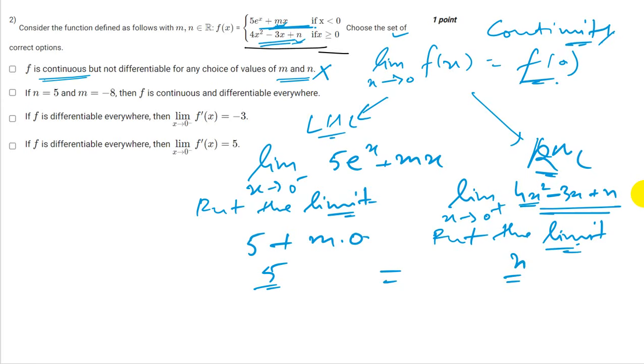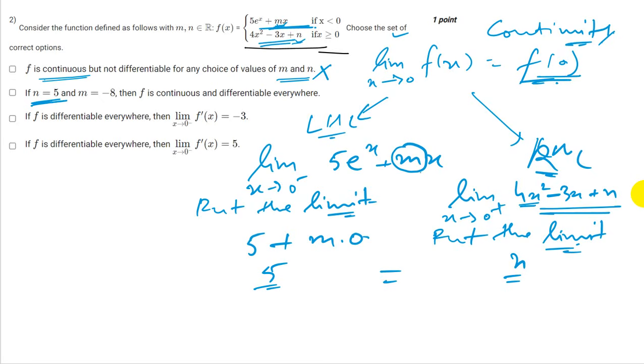Okay, so here we can see that this condition is okay, and we can also see here that value of m is not at all important. It can be anything, because at last it is going to become 0. So it doesn't matter if it is 8 or 100 or anything. So if n is equal to 5, then value of m doesn't matter. So this option, let us test if this is true or not.